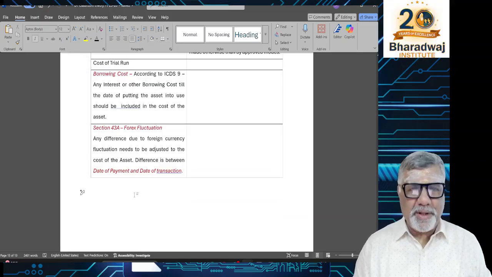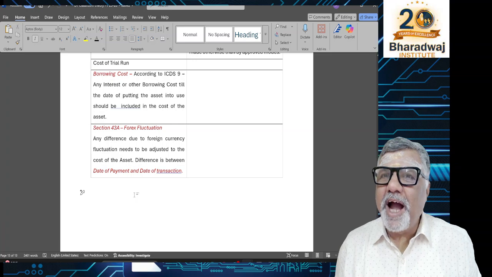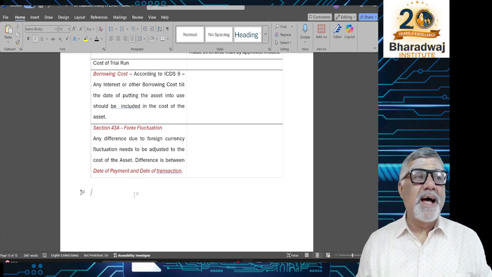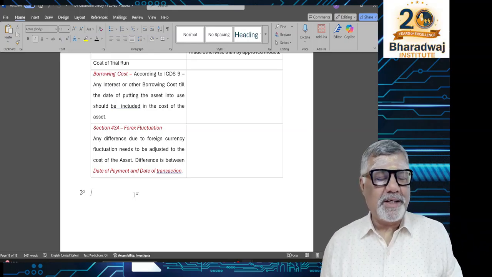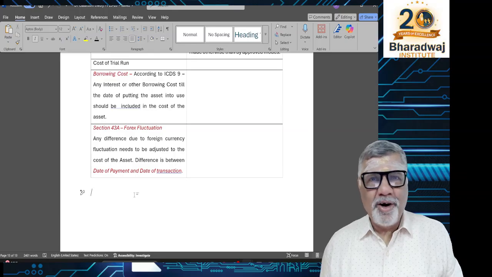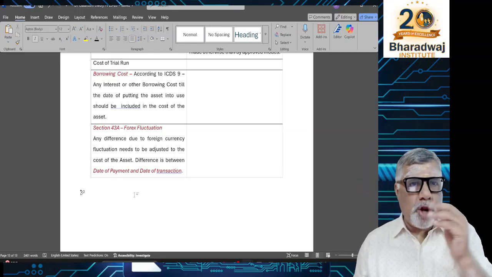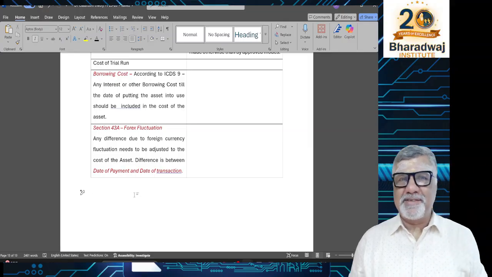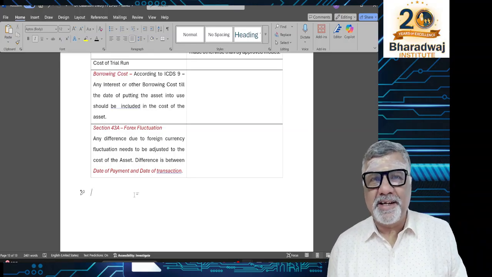Before going into the next aspect, special cases of addition, I want you to understand what is meant by succession in income tax law. In our normal terminology, succession means inheritance.